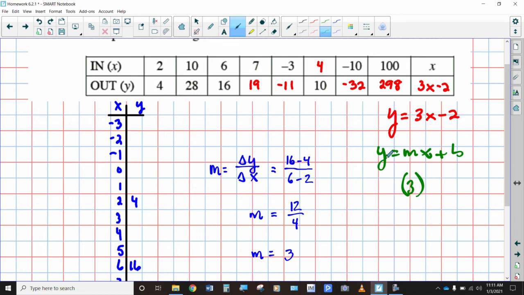We know values for x and y from our table. So do we want to take this one, or this one? Which one looks like it's the easiest one to work with? Let's choose the 2, 4. I think that one's the easiest. So x is going to be equal to 2, and y is going to be equal to 4. So now, when we solve for b, we're going to have our y-intercept.